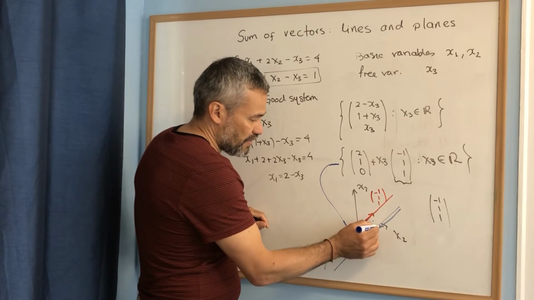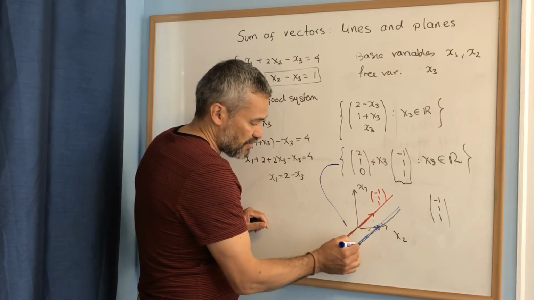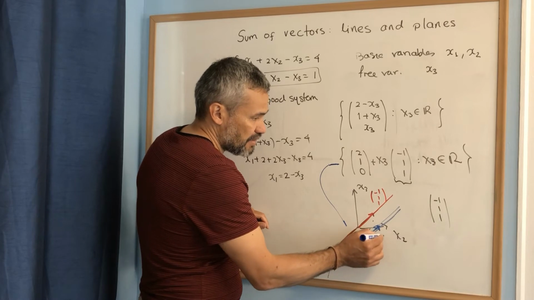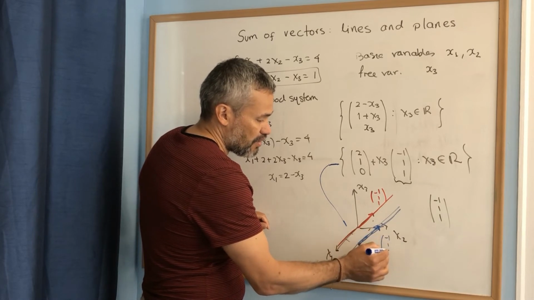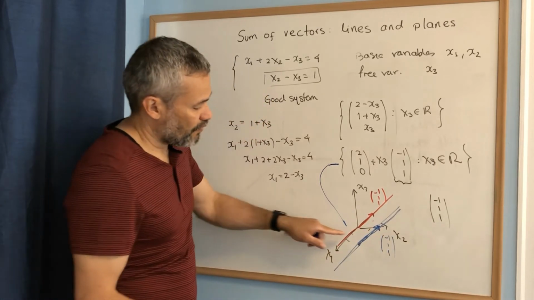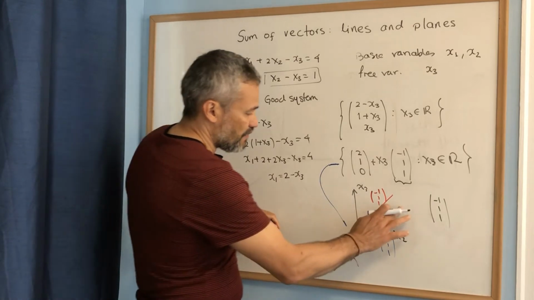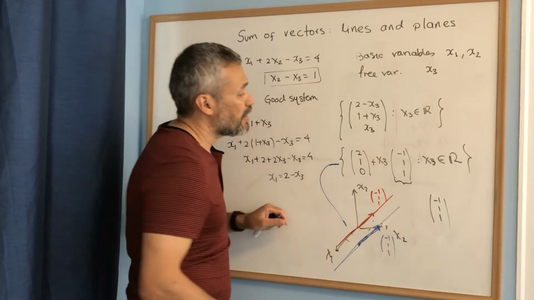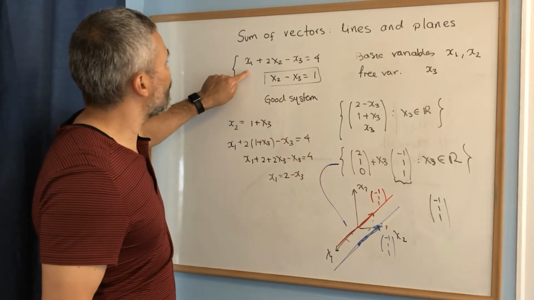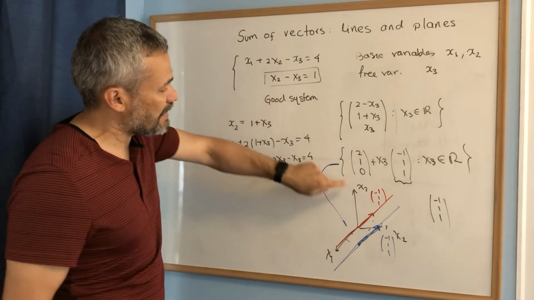When you think about this vector that starts here and ends there, this is the vector negative 1, 1, 1. Here we have the interpretation of the solution of this system as a line.